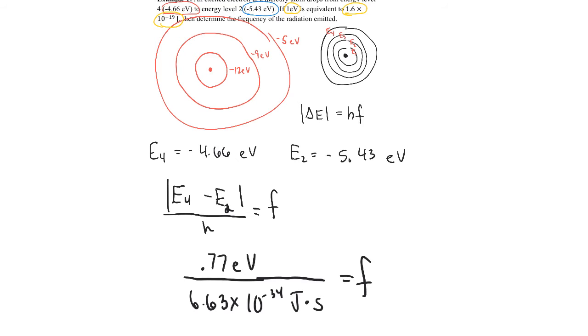Not seconds. 1 over seconds, aka hertz. So this unit of F needs to be in 1 over seconds. Theoretically, if I could cancel this and cancel this, I'm left with 1 over seconds as units. But these don't cancel each other. So you always got to convert your EV into joules.